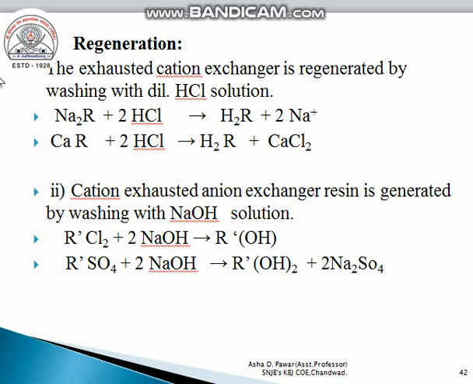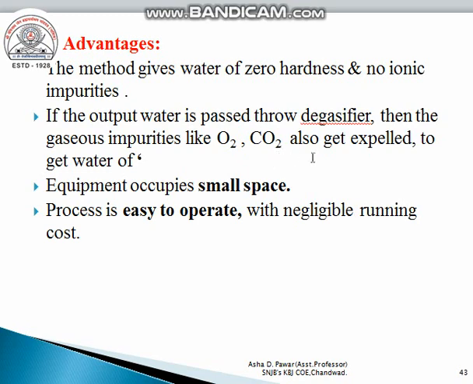The demineralization process is the most commonly used process in industry because it is very advantageous. The advantages of the method are that the water obtained has almost zero hardness and no ionic impurities.